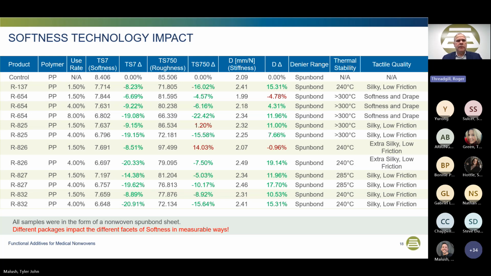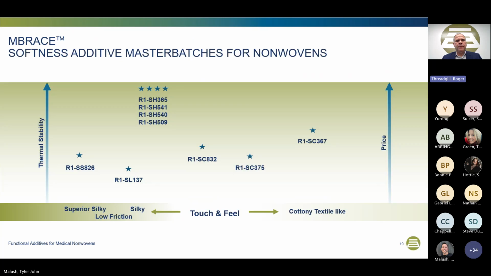On the next slide, we've got a visual map of our softness products that shows you generally how they compare. The slide has the same products that we had before, but we show them spatially on this table.